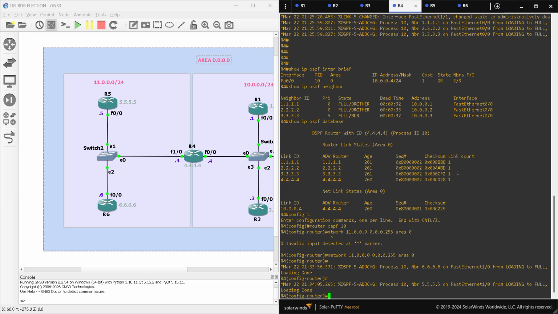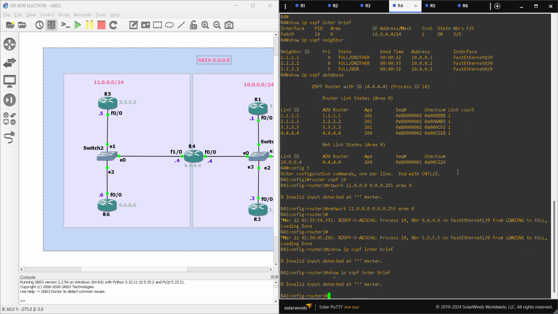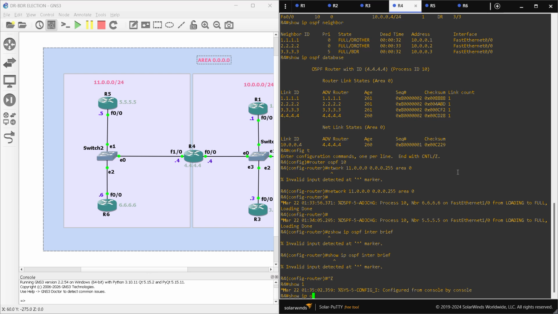This is what we'll see in R4. Let me check. Show ip ospf interface brief. Okay, I'm sorry. Show ip ospf interface brief.